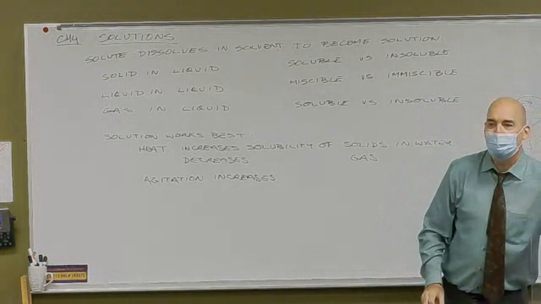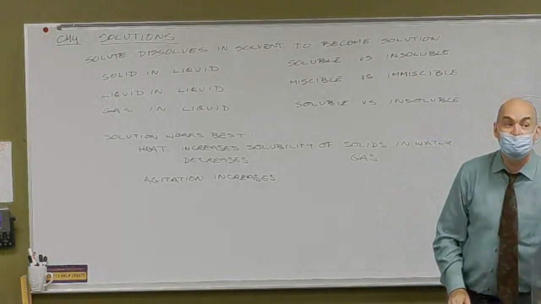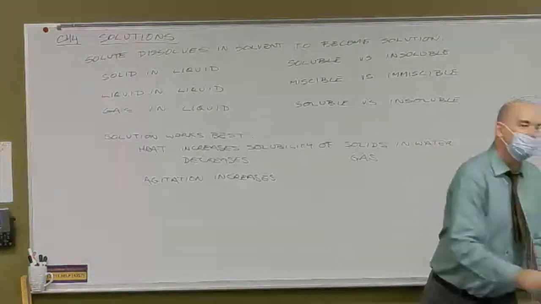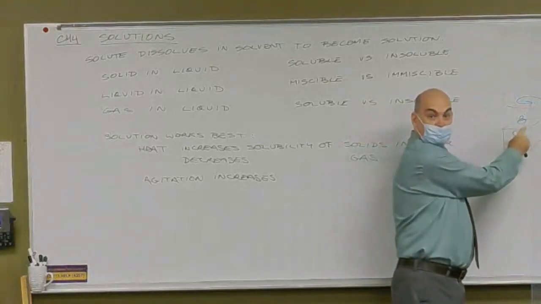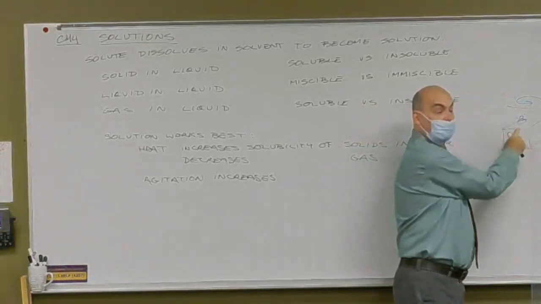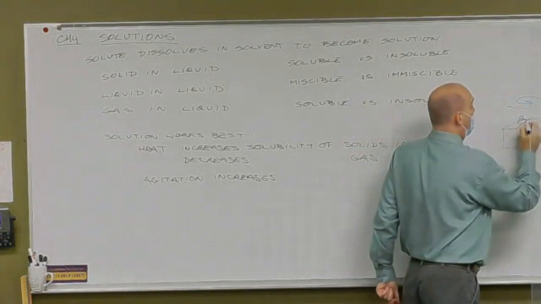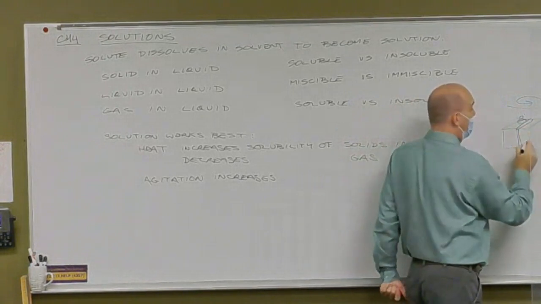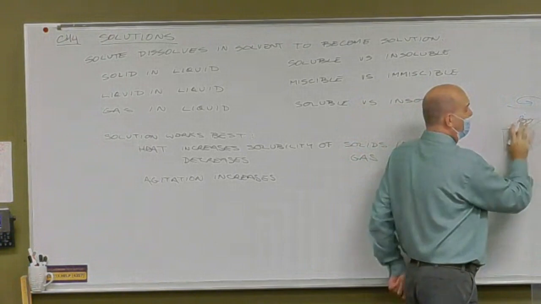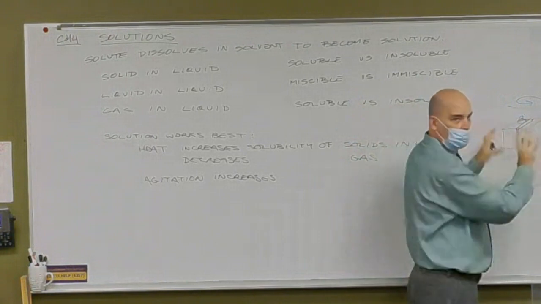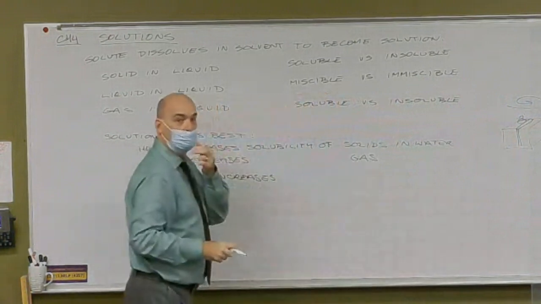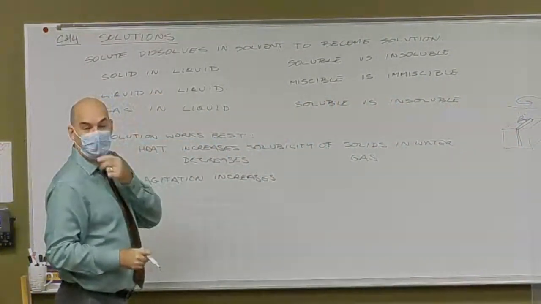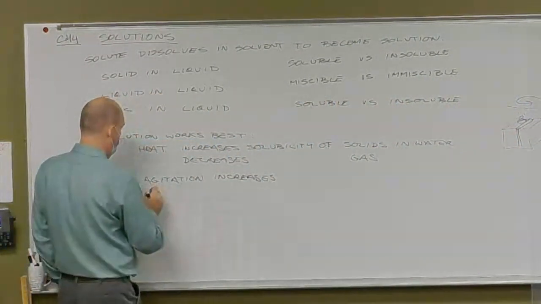Surface area. If you make the particle sizes smaller, you increase the surface area and you can only dissolve at the surface, right? So if I take that cube and I break that cube in half, then I get 2 pieces, I get all of that extra surface area. If I smash it up into little pieces, I get so much extra surface area.